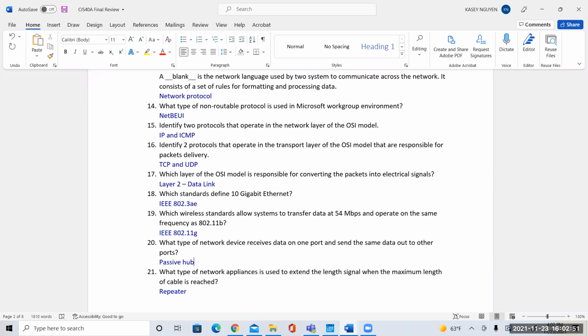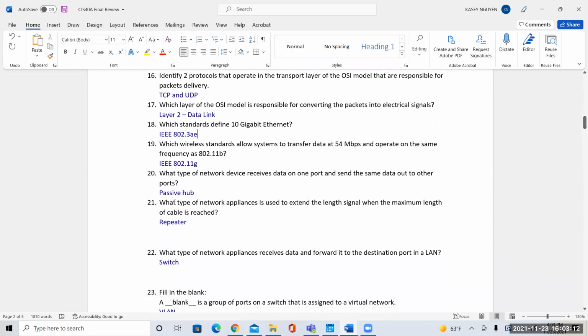So you would use a repeater, which takes that signal right at the end and then re-amplifies it for the rest. That's why when you see these routers, they call it a signal amplifier. It takes the entirety of the signal and is able to amplify it again.